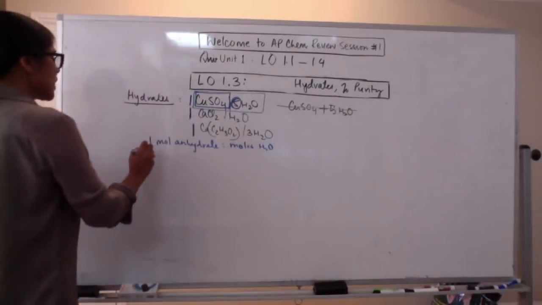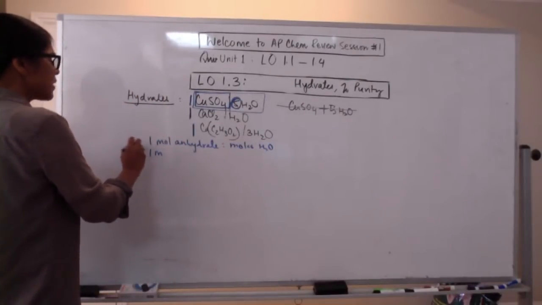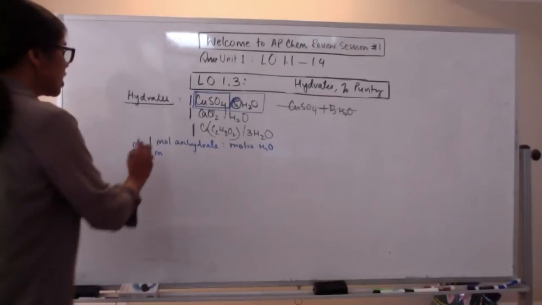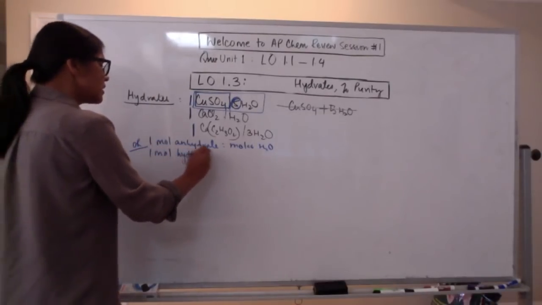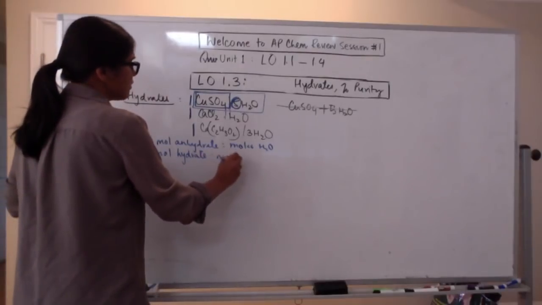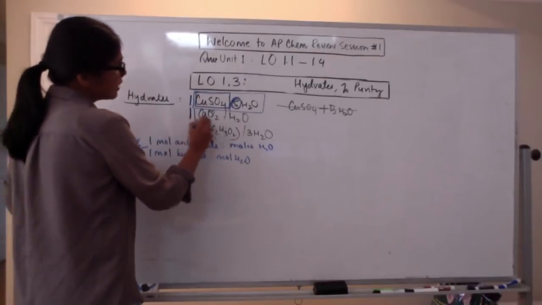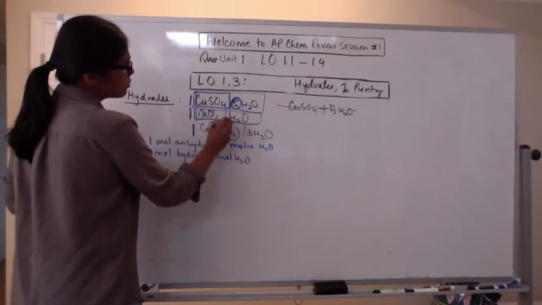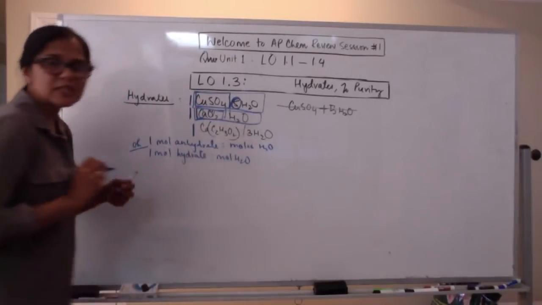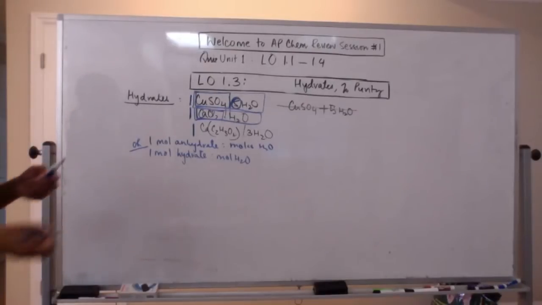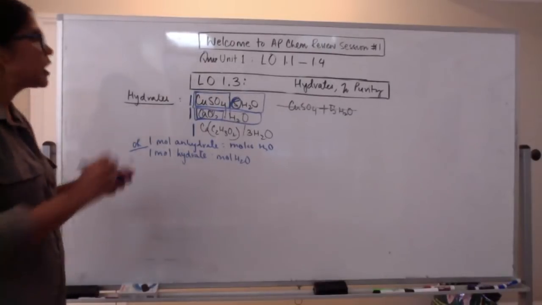Or, because different problems will give you different data, in 1 mole of hydrate, how many moles of water. Because in 1 mole of this entire compound, 1 mole of water is there, or in 1 mole of this anhydrate, 1 mole of this is there. So either way, it will get you the same answer.